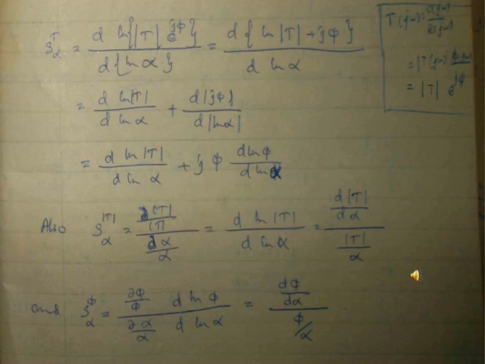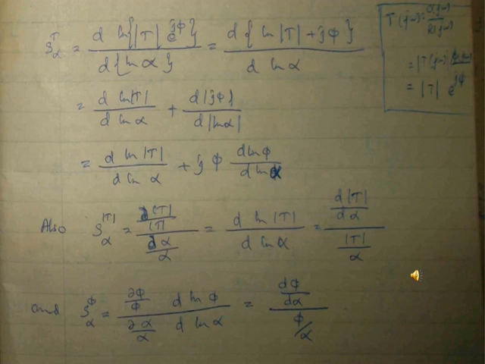Similarly, S phi alpha is equal to d phi by phi, d ln phi divided by d ln alpha, which is d phi by d alpha divided by phi by alpha.